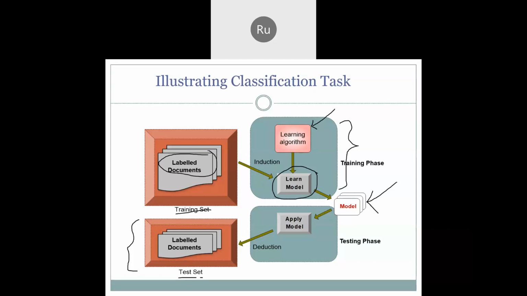What is the label of the document and how it looks like? So based on what they have seen here, they come up with the model. Given the testing data, they will predict or classify the document into classes that are predefined.